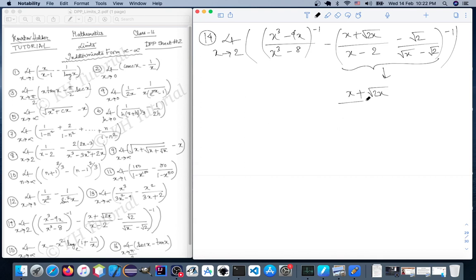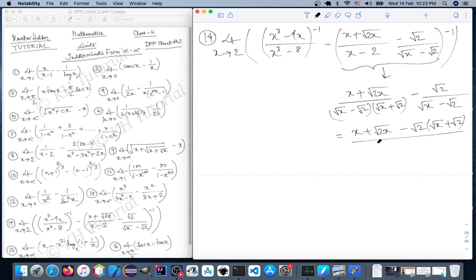We can write this as root x minus root 2, so this becomes (x plus 2x minus 2) multiplied by root x plus 2, and below we have this thing.